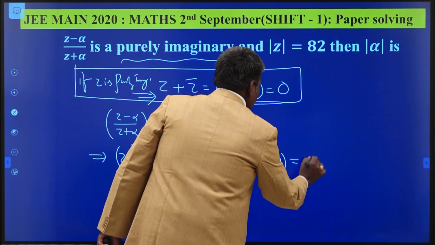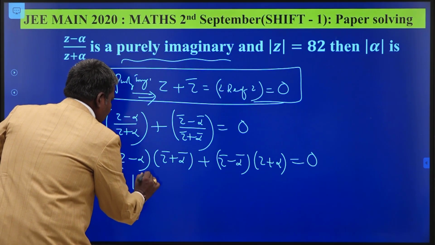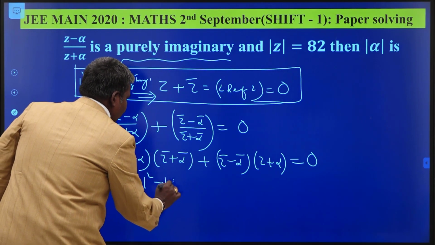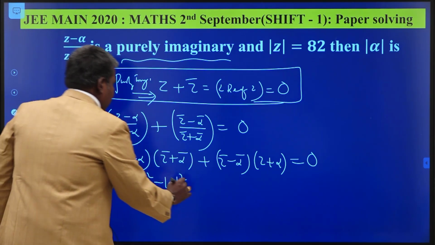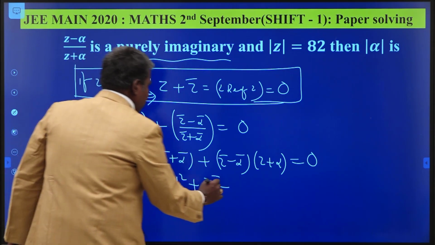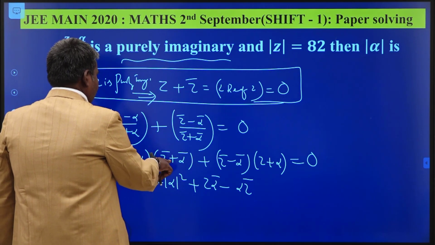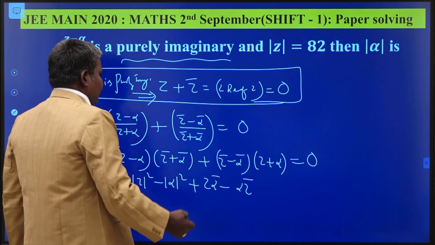Okay, this is nothing but z z̄, that is |z|², minus |α|², plus zᾱ minus αz̄.